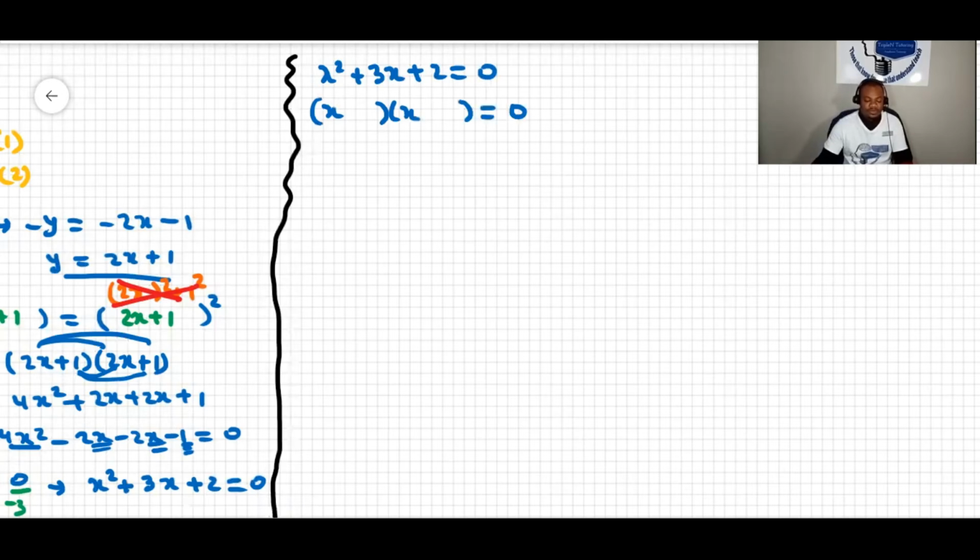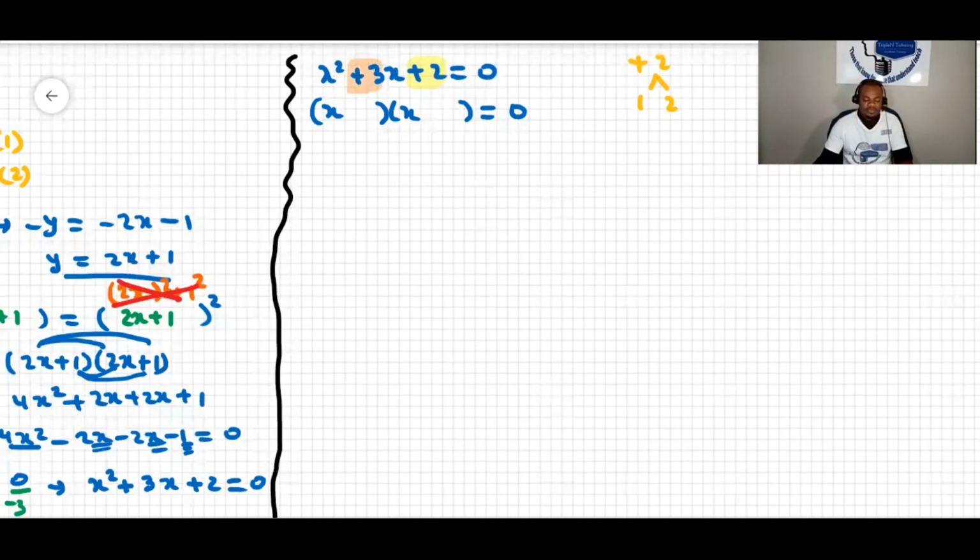To factorize this, we consider the last term, which is positive 2. I write positive 2 and list the factors of 2. They are just 1 and 2. And we need the sum to equal the middle term, which is positive 3.